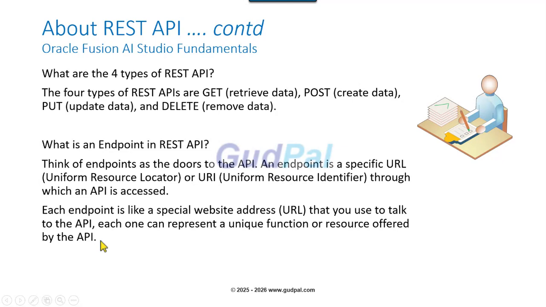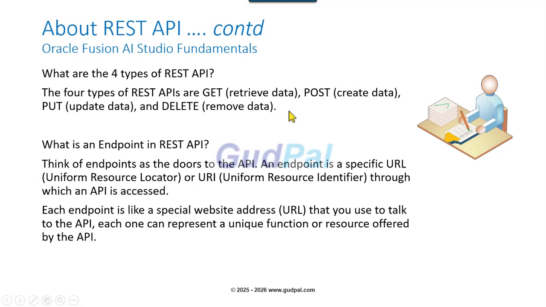Together, they form a complete URL using which, with a valid username and password, you can perform REST API calls to get the data, in other words retrieve the data; to post the data, in other words create the data; put the data, in other words update the data; and finally delete the data, in other words remove data. So those are four different types of REST API calls you can make, and these REST API endpoints can be leveraged while creating Oracle Fusion AI agents.